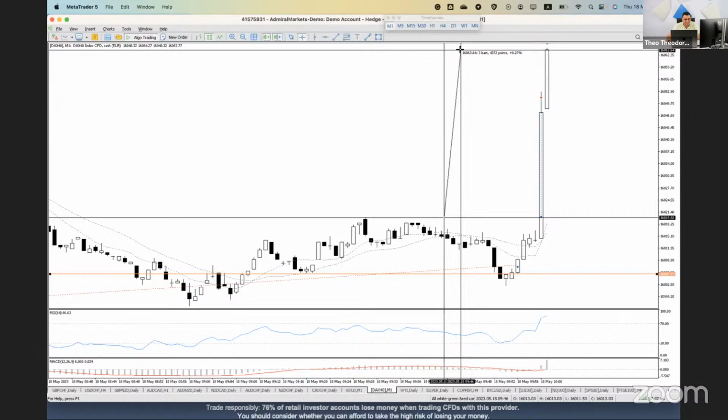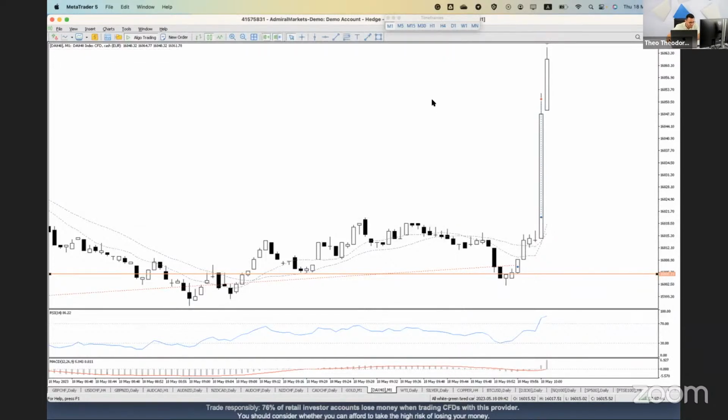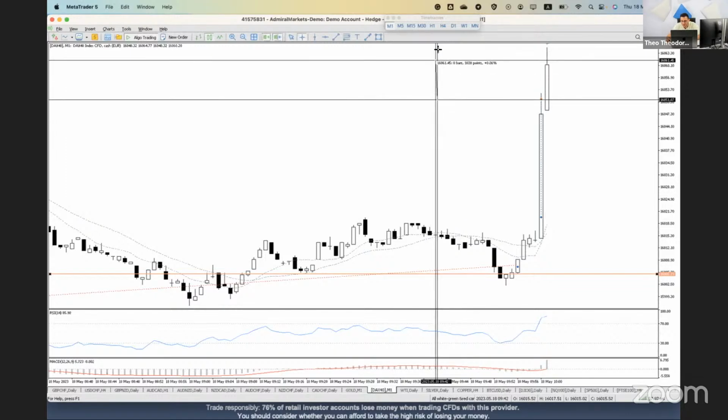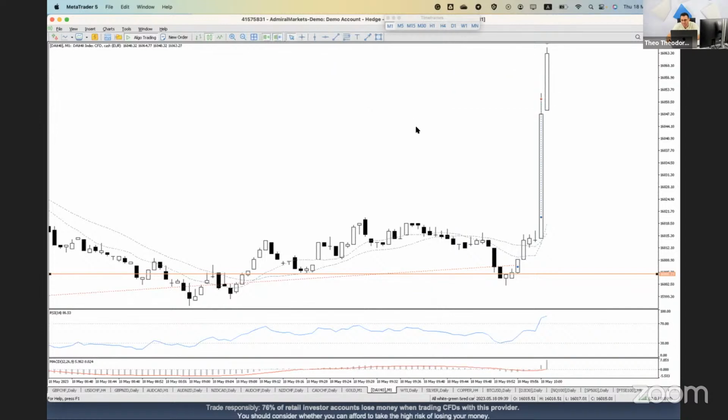I don't know if someone is still on the DAX. If someone is still trading the DAX, guys, please make sure you manage your trades. Don't expect under any circumstances that one trade is going to make your yearly profits or your monthly profits.